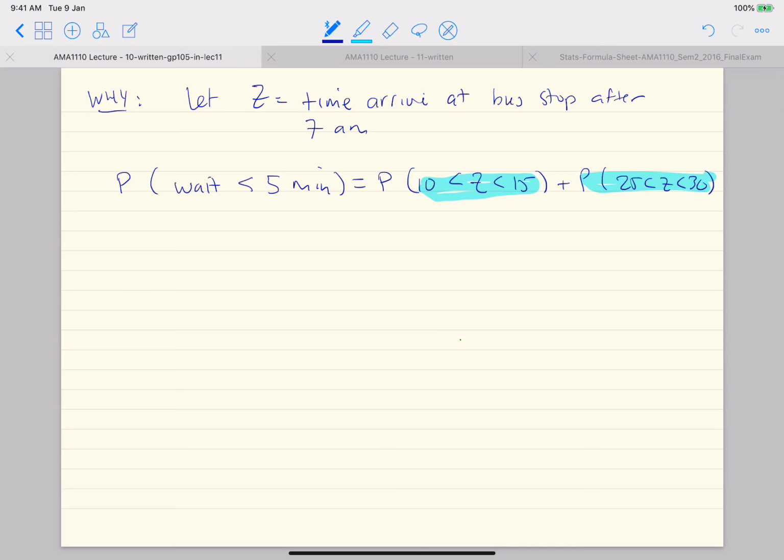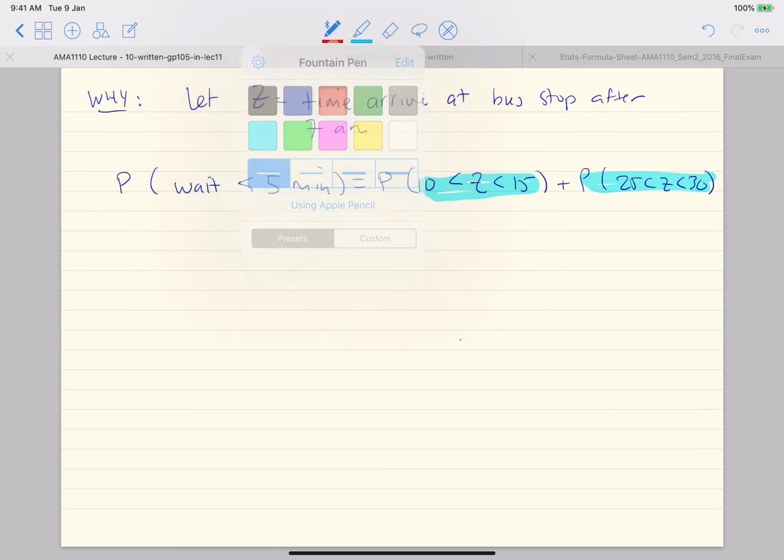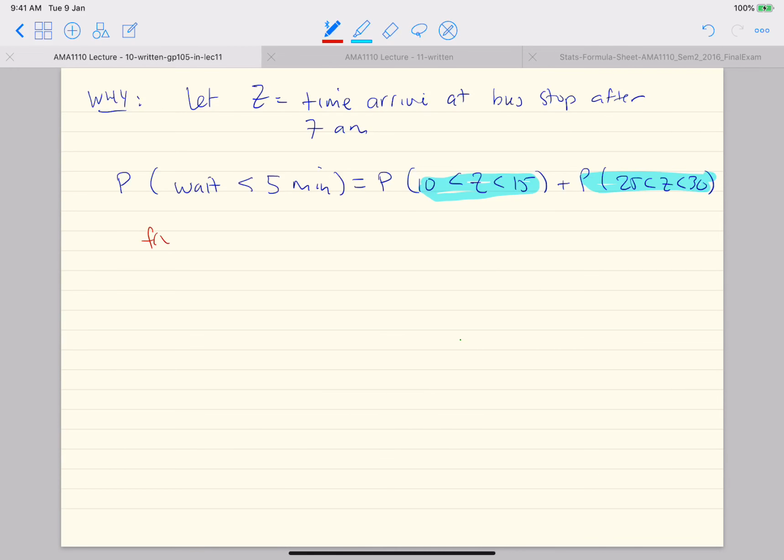But we know that the probability density function in this case, f of x, is of the form 1 over 30 minus 0 for z in between 7 o'clock and 7:30, and 0 otherwise. Right?